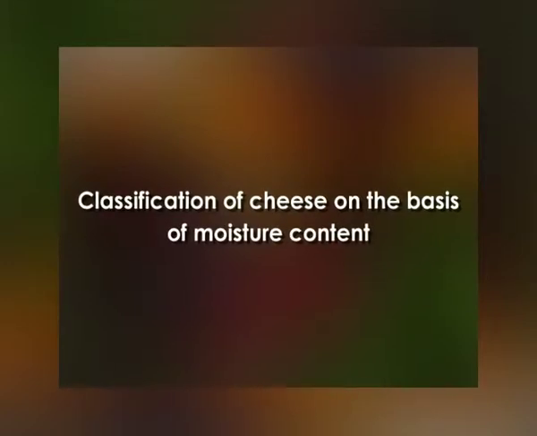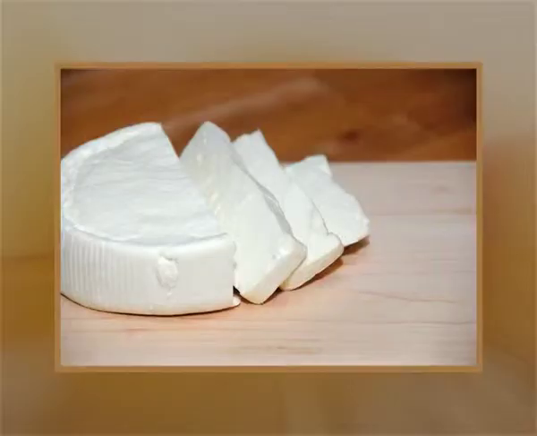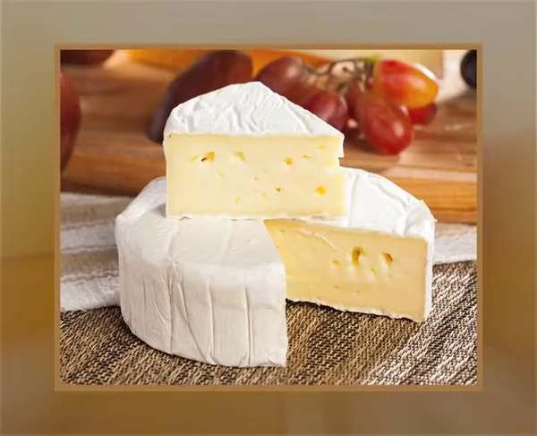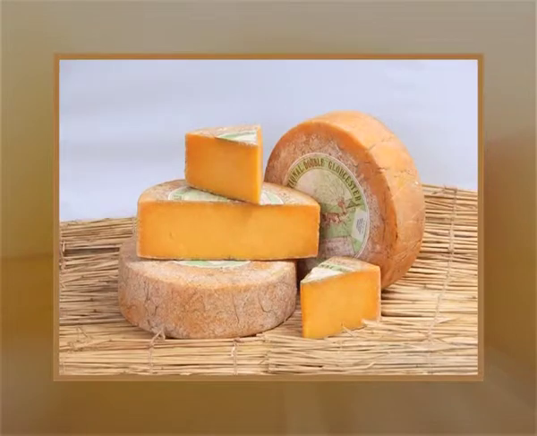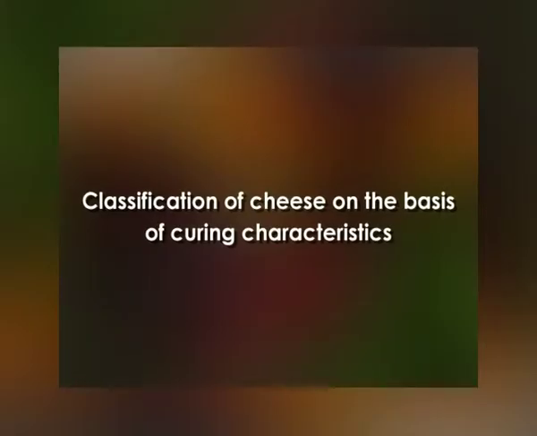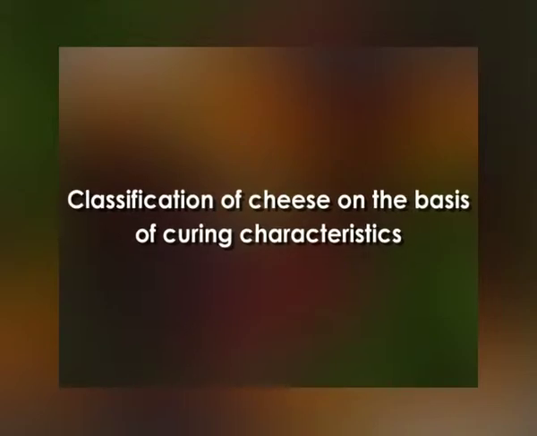Now, classification on the basis of moisture content. The moisture content controls the cheese hardness, and on that basis, cheeses are classified as fresh cheese, soft cheese, semi-hard cheese, hard cheese, very hard cheese. Now, classification on the basis of curing characteristics.